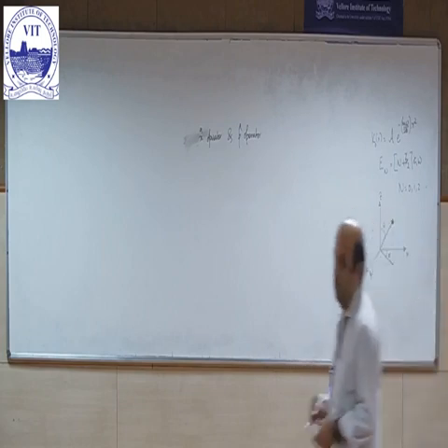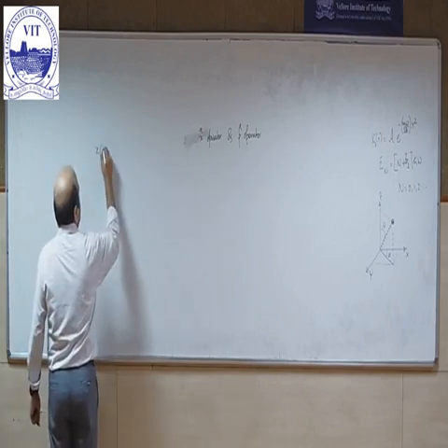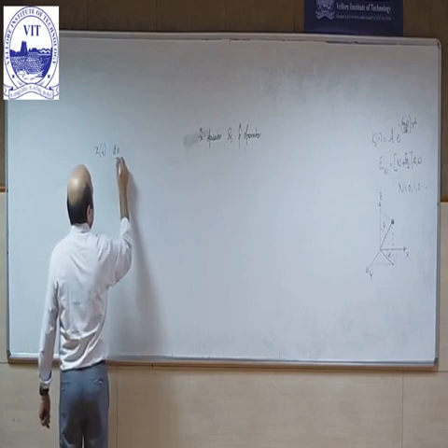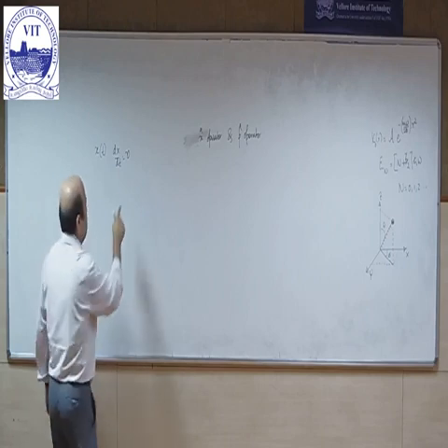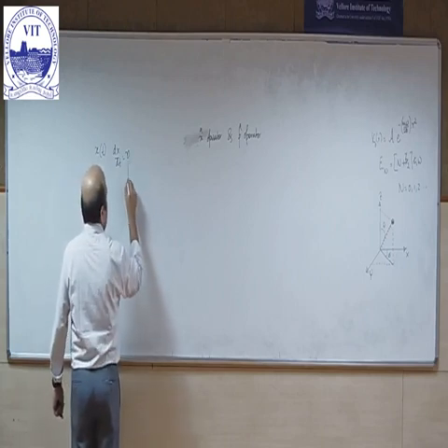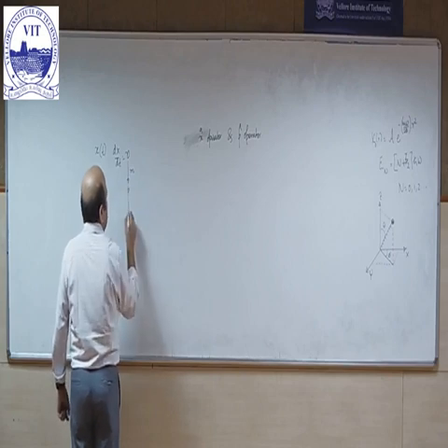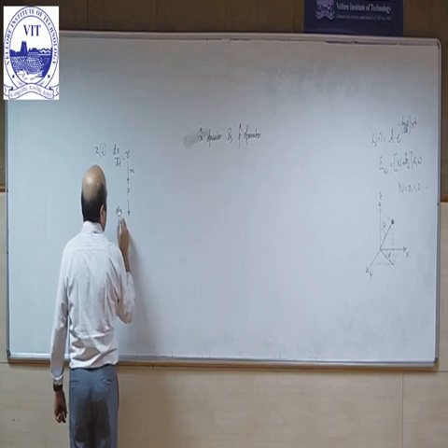How did we define it? We knew that you had the position, and this was a function of time. So dx by dt gave you the velocity. This is classical mechanics. dx by dt gave you velocity, and if you multiplied that with the mass, you got the momentum, and if you differentiate again, you get d square x by dt square.